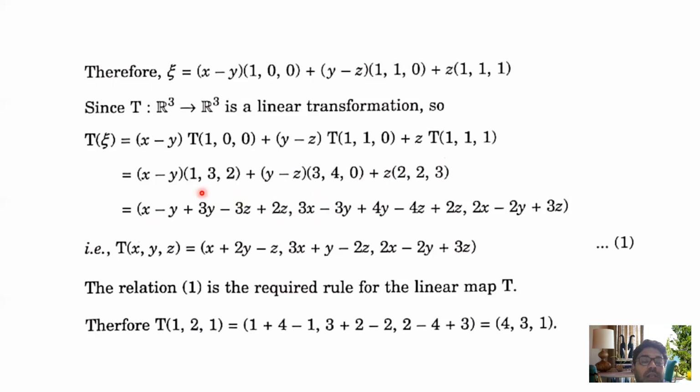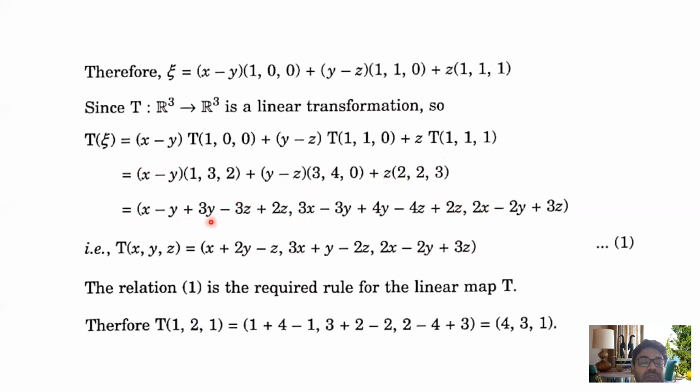Similarly, second component: 3x minus 3y, 4y minus 4z, and 2z. Third component: 2x minus 2y, then 0 into something means 0, and plus 3z. What is left after simplification?